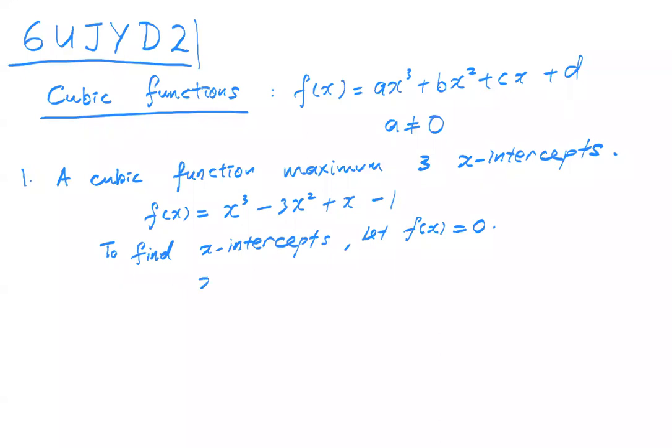So x cubed minus 3x squared plus x minus 1 equal to 0. So can you get this answer from your scientific calculator? Can you please try? I'm using my graphic calculator. I don't have a scientific calculator.